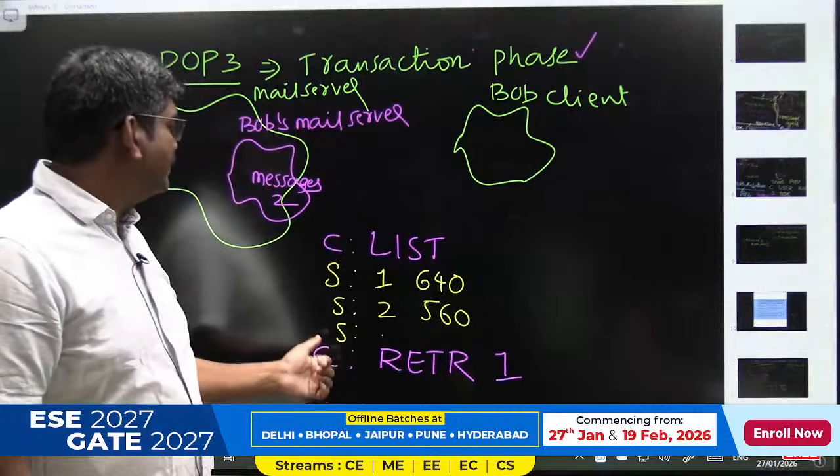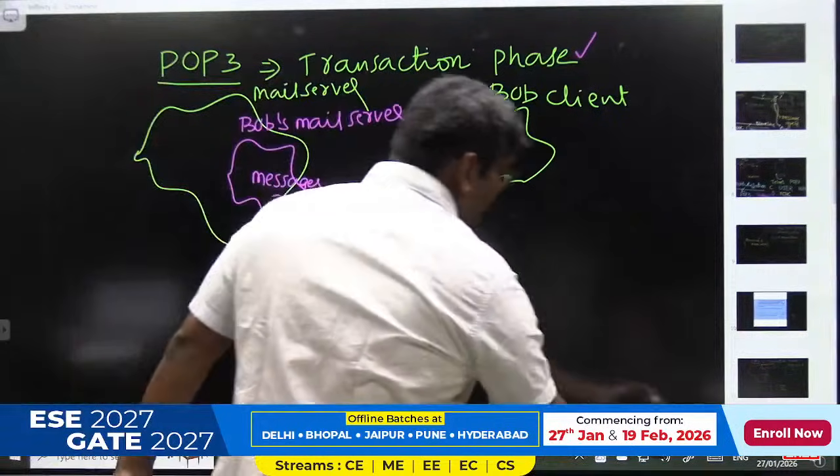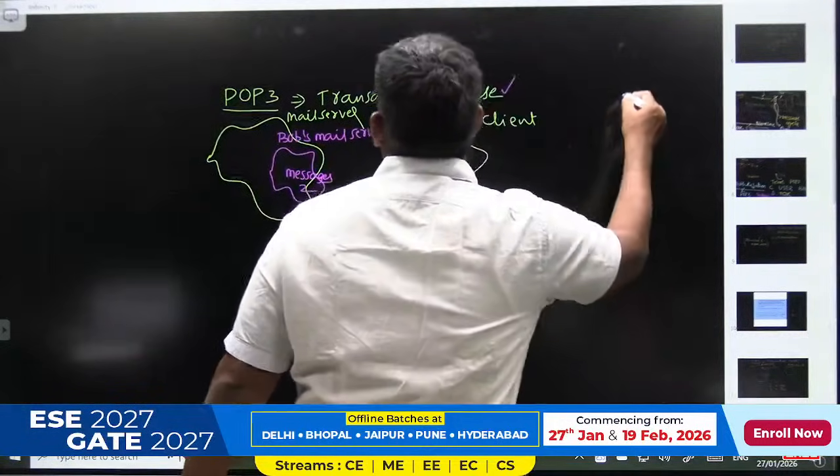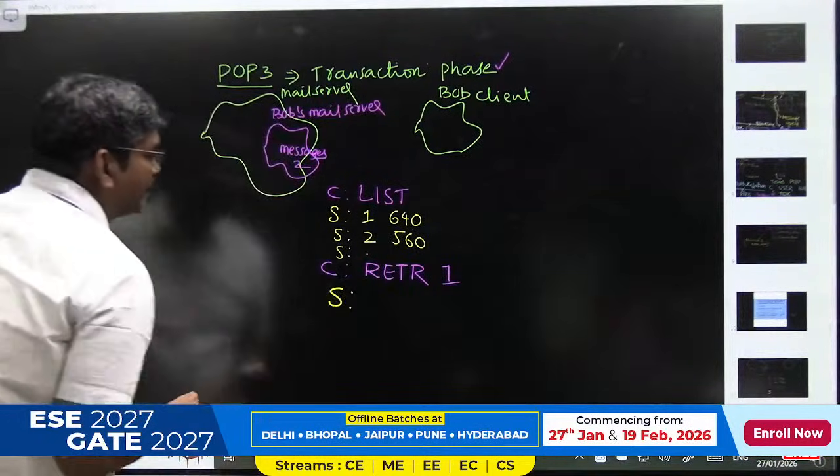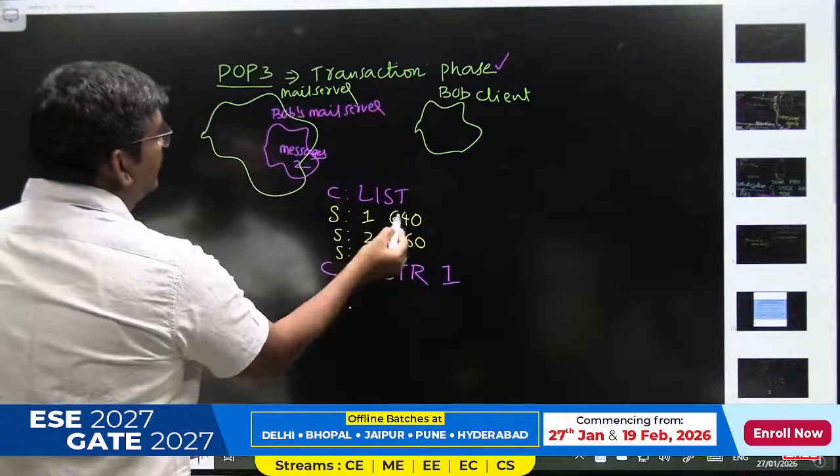Who has put this request? The client. Then who should answer this request? The server. Now see the logic. From the server you are going to get the response. See, in mail 1 there are 640 bytes.